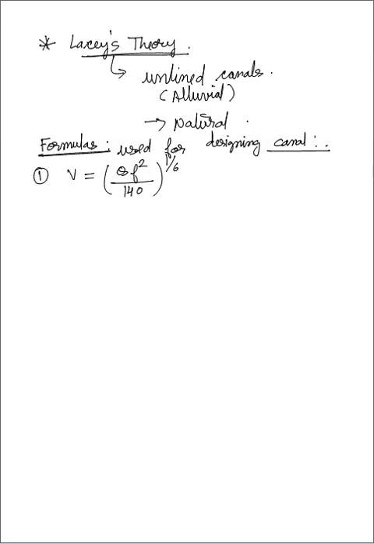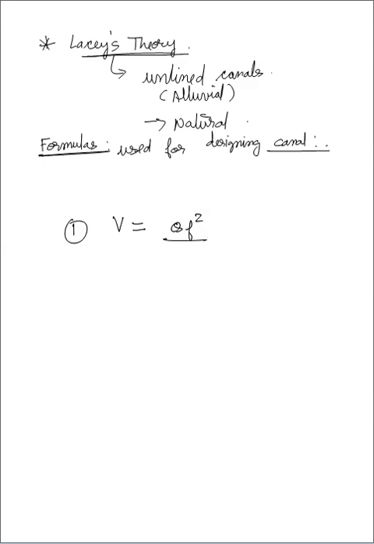Let me write it more clearly. V is equal to (Qf square upon 140) raised to 1 by 6.